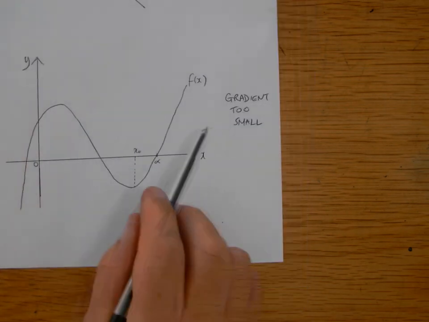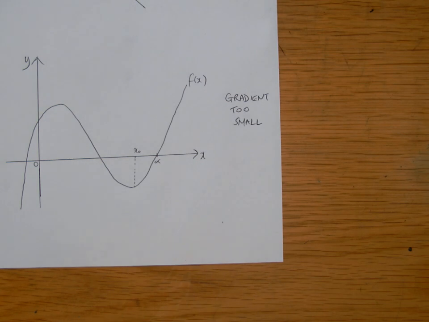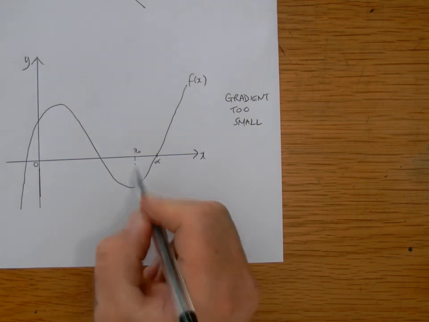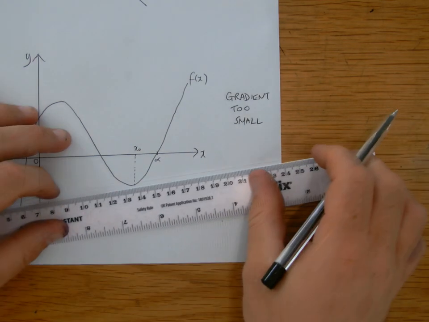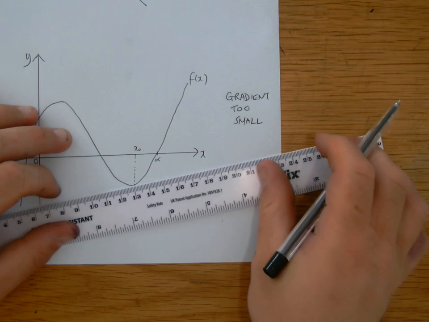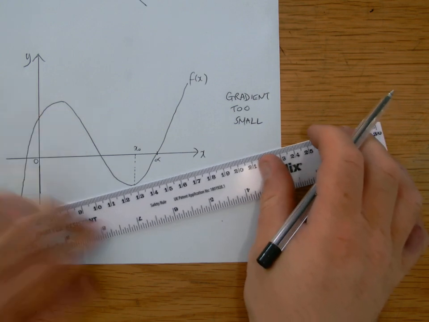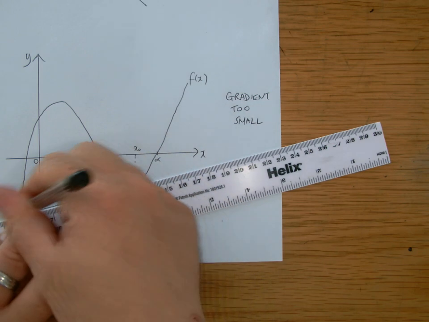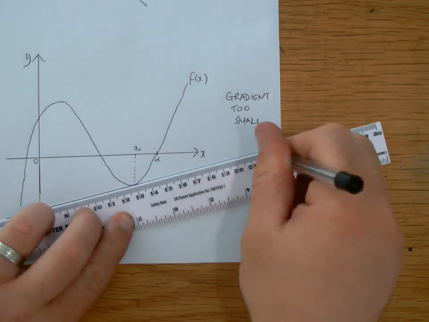One of the main aspects with WJC is where the gradient is too small. That's the sort of question that's likely to come up, when the steepness just isn't there. Suppose I start my x0 there, and I draw my tangent to the curve at that point. You could see it's not going to cut the x-axis for a very long time.